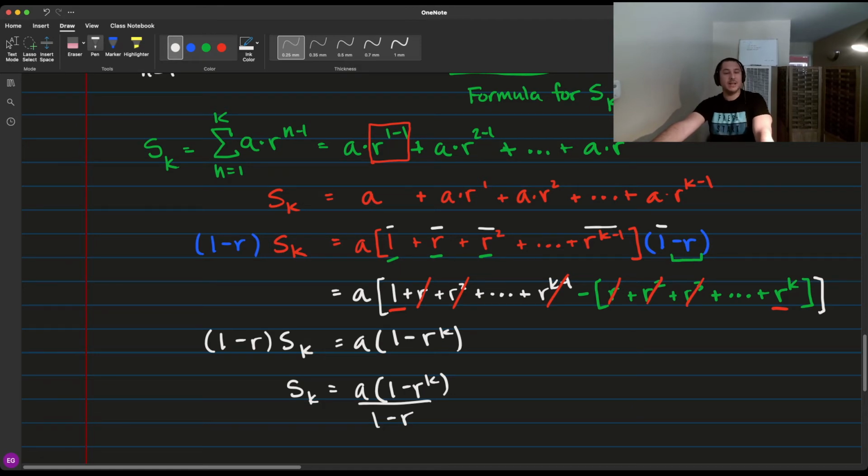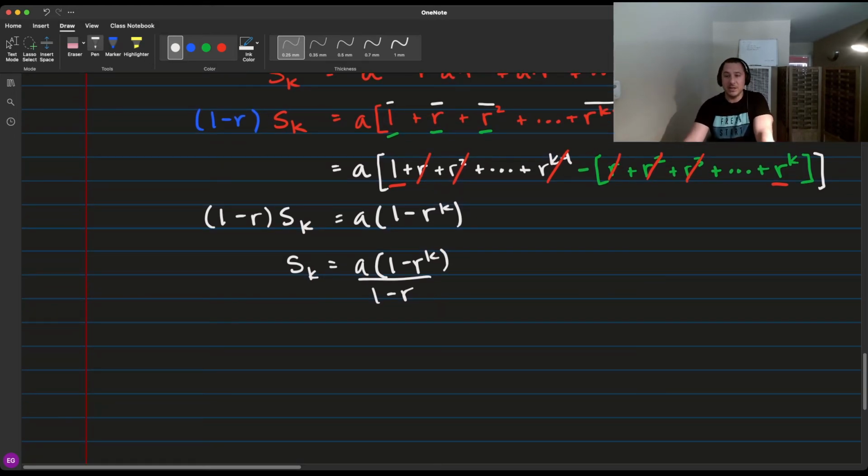So if I know what my geometric sequence is, the sum of the first k terms is going to be whatever you get when you plug in those numbers, where a is the starting number of the sequence and r is your common ratio. Now this is the cooler thing.